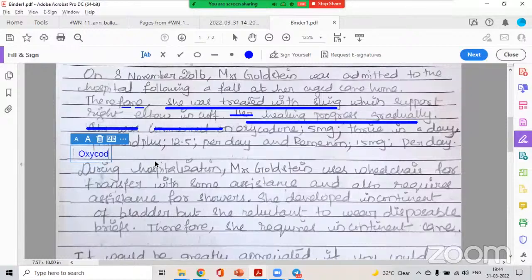Oxycodone, 5 mg thrice daily, comma. This is called a listing. Oxycodone, 5 mg thrice daily. Then next one, your spellings confuse me.